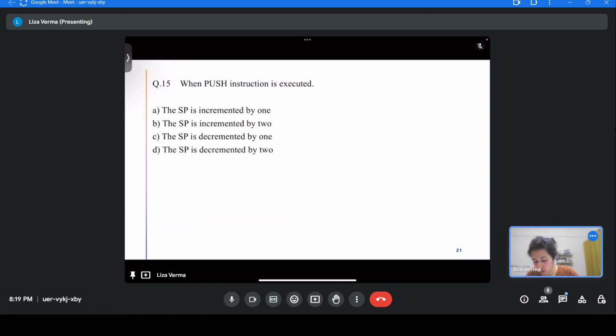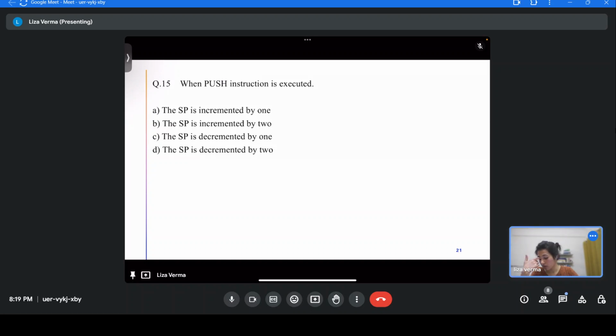So when the push instruction is executed, what happens to SP? SP is decremented by 1. We're still confused. Yes, it will be incremented by 1, but I'm still stuck at incrementation.